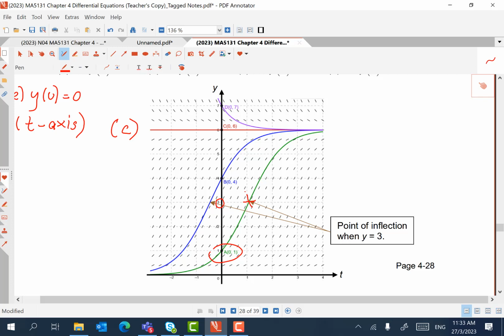Can you see? This point is exactly at this one. So when you start off with a y naught below the L over 2, you will have an inflection point shown on the diagram.